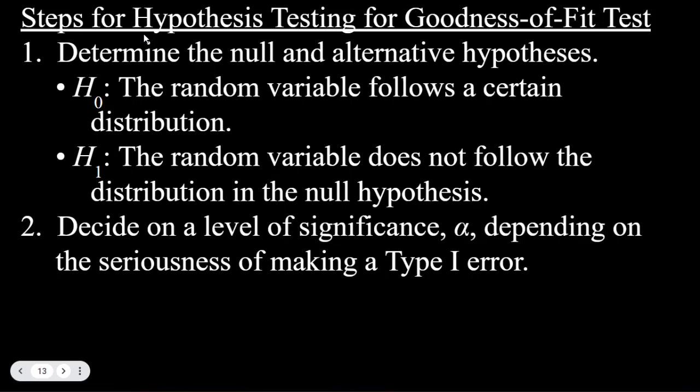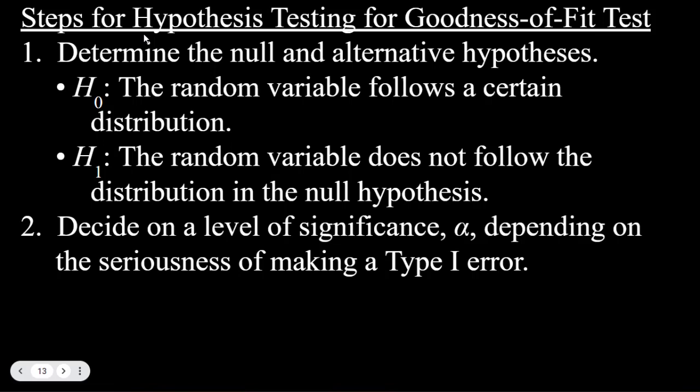So here are the steps for hypothesis testing with our goodness of fit test. Step 1, determine the null and alternative hypotheses. That sounds familiar. H sub 0, the null hypothesis, is that the random variable does follow a certain distribution that we're given. In our previous example, it would be all those percentages that we're given.